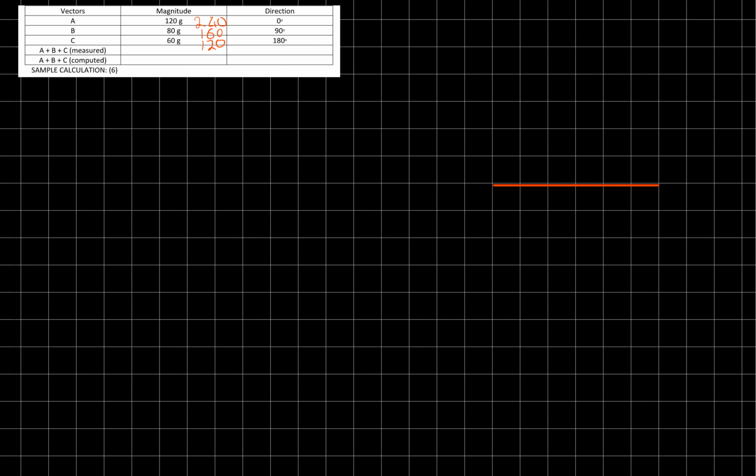And at 90 degrees we have 160, and at 180 degrees we have 120. Okay, so that's the shape that they would take with the approximate magnitudes here.